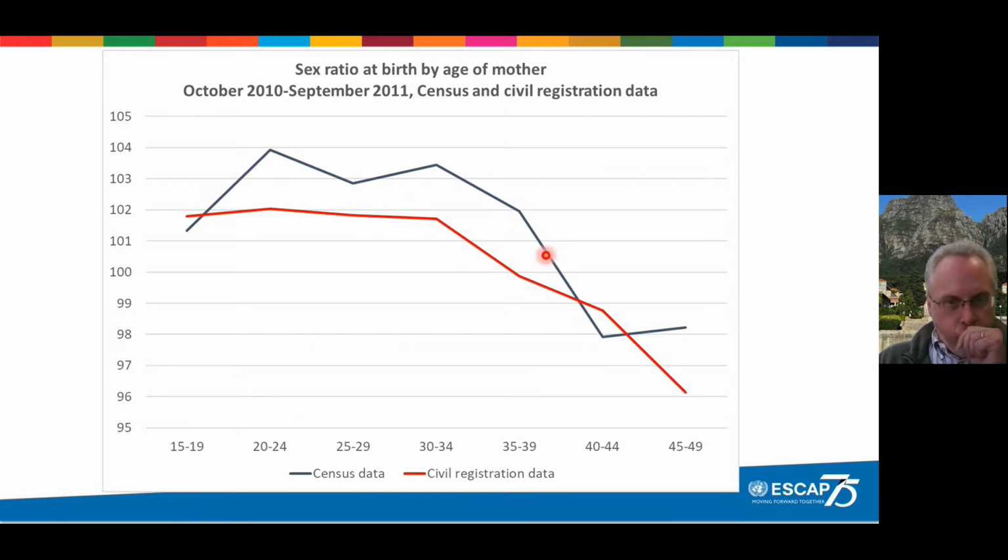Curiously, we also see that the sex ratio at birth declines for the two oldest age groups to below 100. And that is probably also a reflection of underreporting of male births amongst older women, as there's no biological reason necessarily why, as women get older, the sex distribution of their children should change to be more heavily weighted to that of young girls.